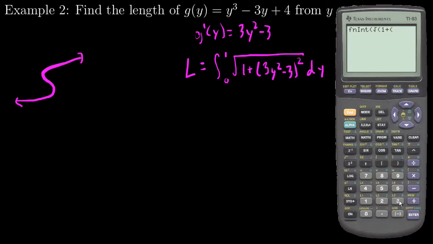And if I want to, I can type in 3 y squared minus 3, close the parentheses off for that, all squared, close the parentheses off for the square root, and the variable we are integrating over is y, and I'm going from 0 to 1.